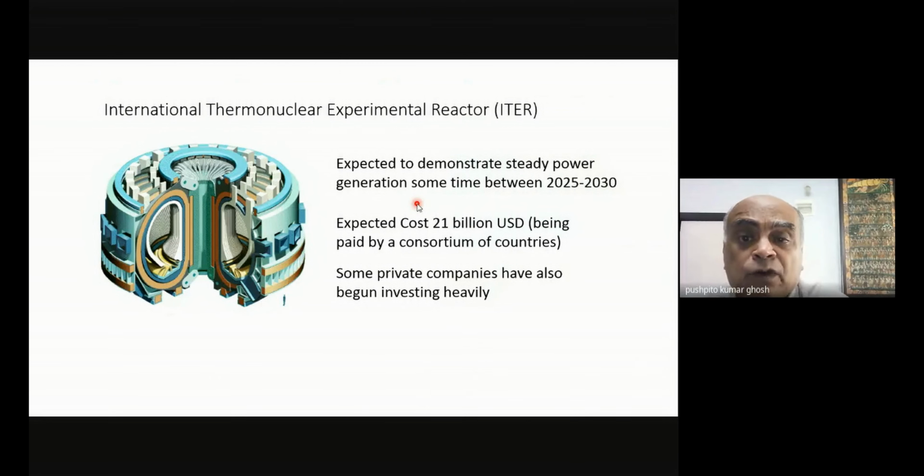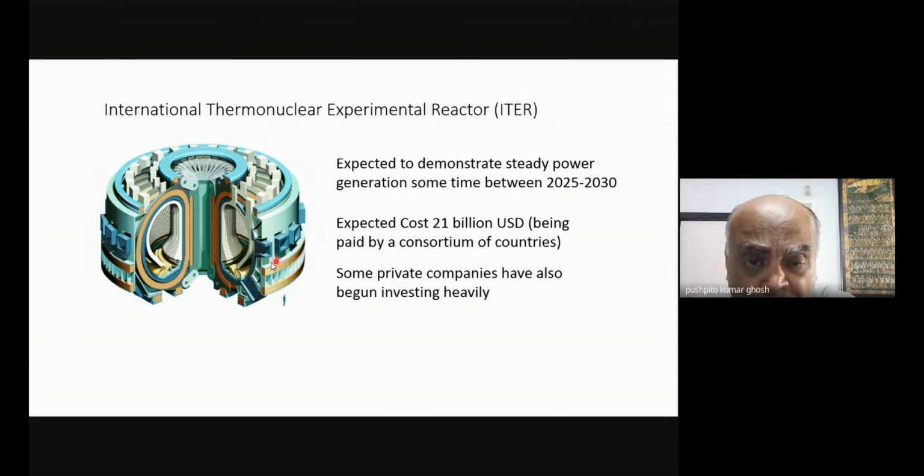Now, this is what everybody is banking on. This will be an actual fusion power plant. It is being constructed in France, and there are I think about 20 different countries, maybe less, and India is one partner.